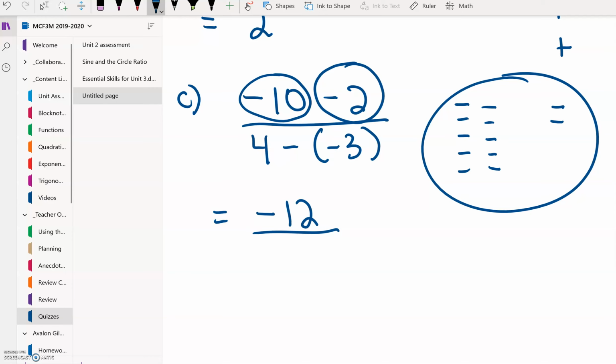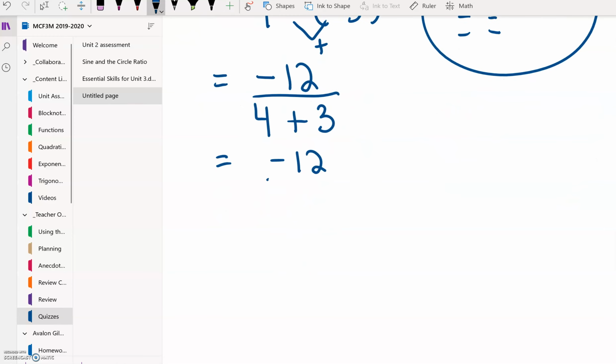Now the bottom line, I have to rewrite this because I have a negative and a negative that multiply to a positive. So I'm going to rewrite 4 minus -3 to 4 plus 3, which should be easier because 4 plus 3 is 7. Now in this case, you need to make sure that your fractions are reduced to lowest terms.